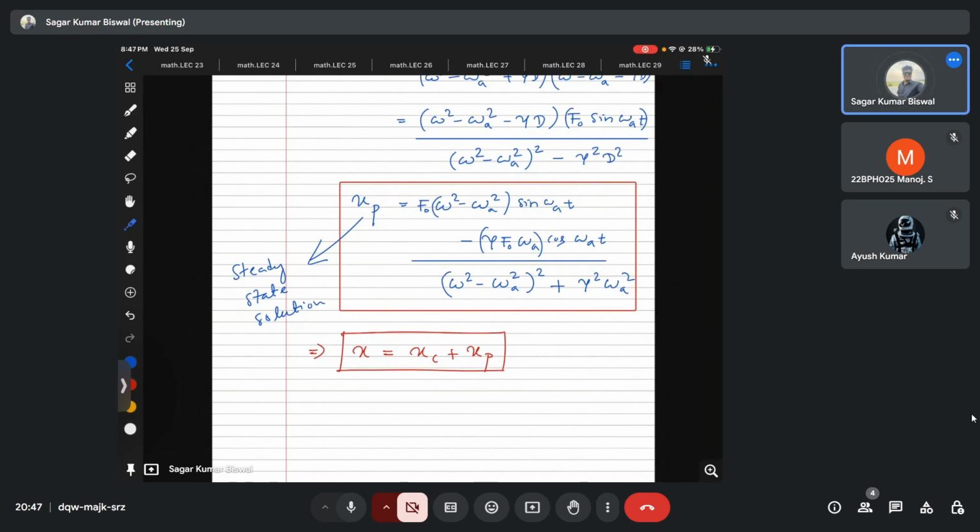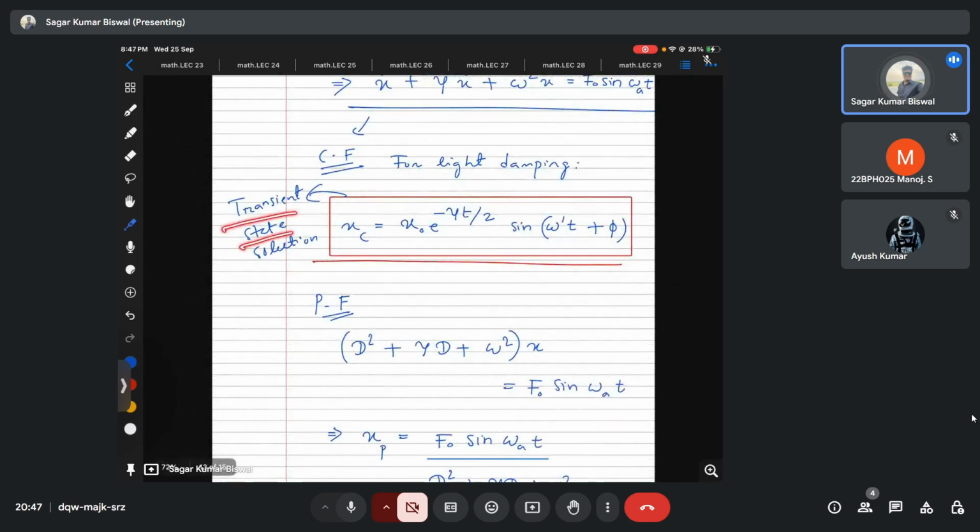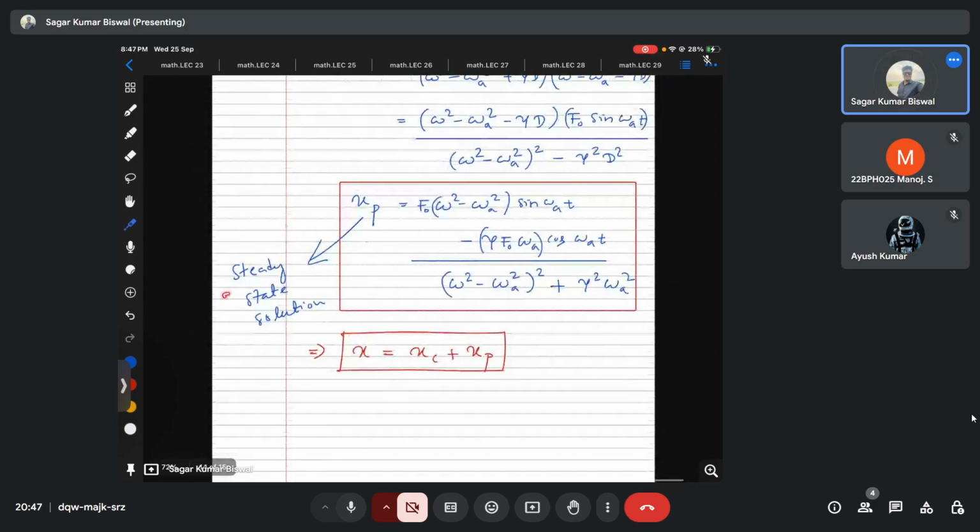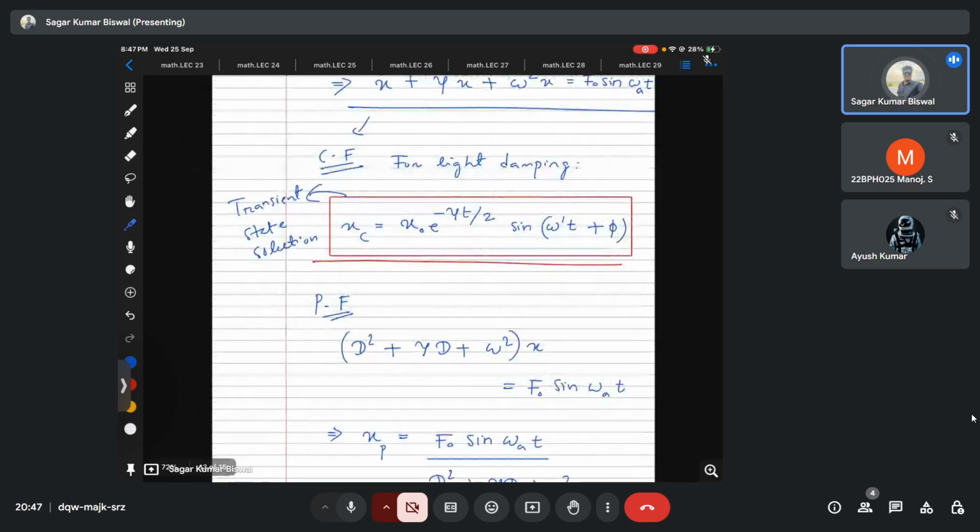So why is this known as transient, and why is this steady? What happens is that when you start forcing the particle, or start applying the force on the particle, initially this term will dominate, this solution will dominate.